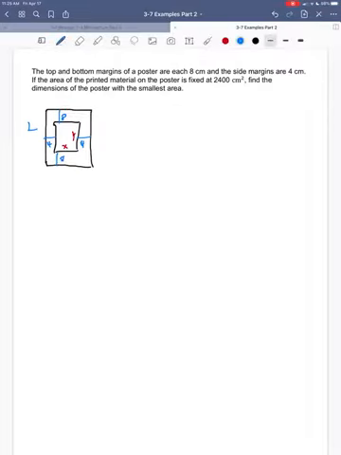So that overall length would be y plus 16, whereas my overall width, going across, is x across on the inside and then 4 on the left and right. So that's going to be x plus 8.